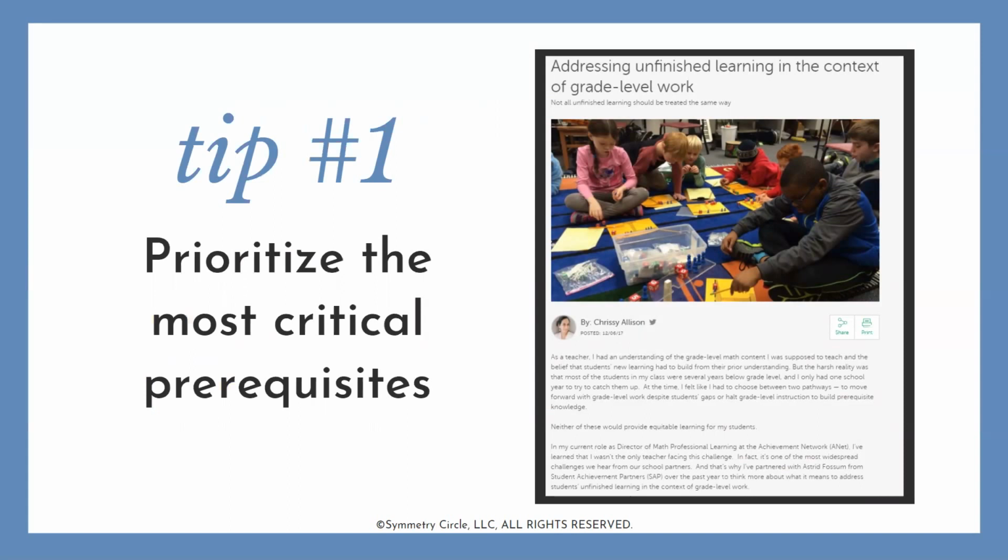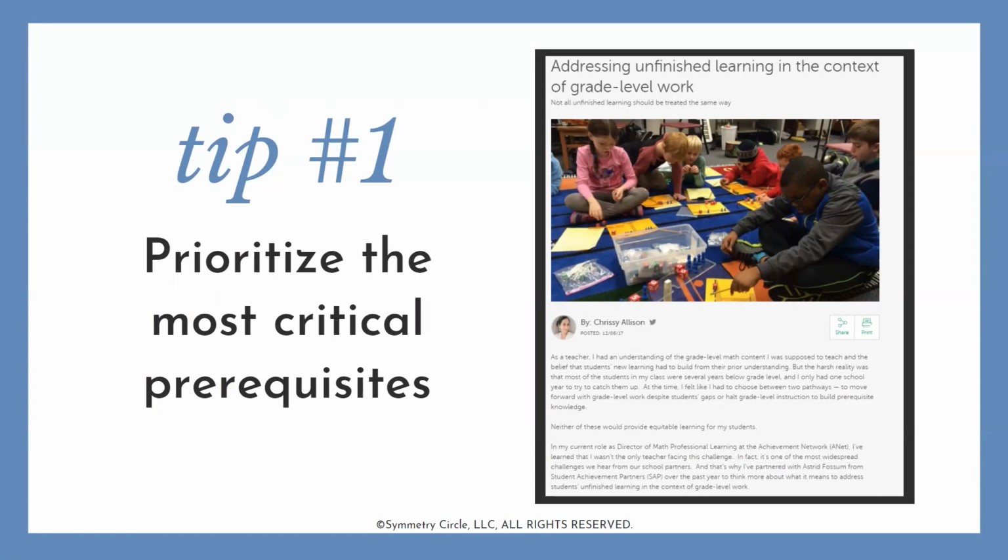So tip number one is to prioritize the most critical prerequisites. So if you're looking at your units coming up, okay, what are the most critical prerequisite skills and understandings students need leading into this unit? And I have a blog post recommendation.